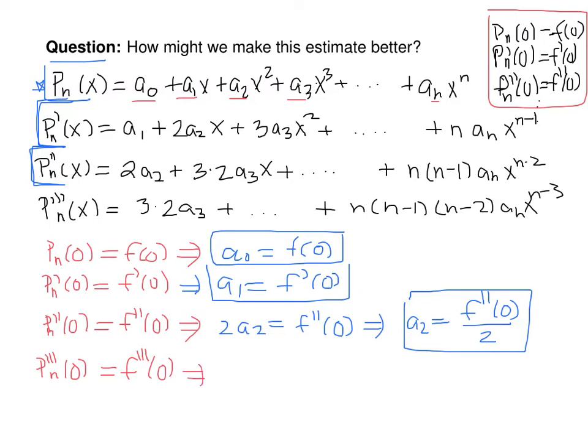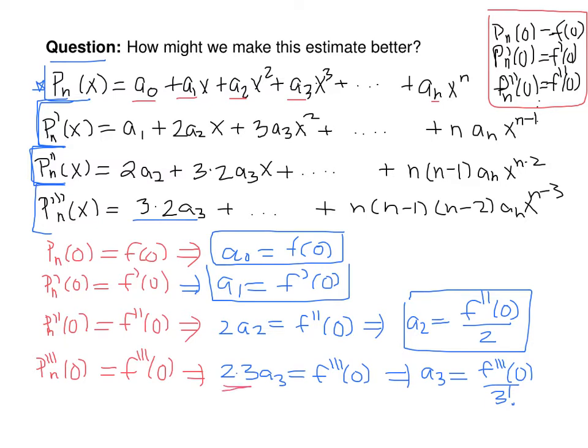So that gives us that this 2 times 3, a3 must equal f prime prime prime of 0, or a3 is actually equal to the third derivative at 0 over 3 factorial. Remember, 3 factorial is 3 times 2 times 1. This 2 times 3, adding in the multiplication by 1 won't change it. So that's what the third coefficient is.